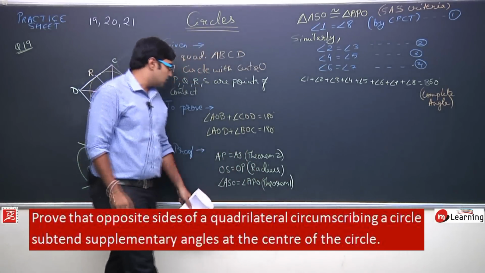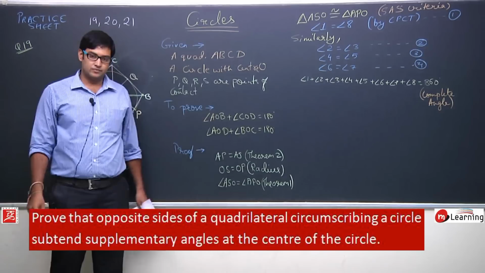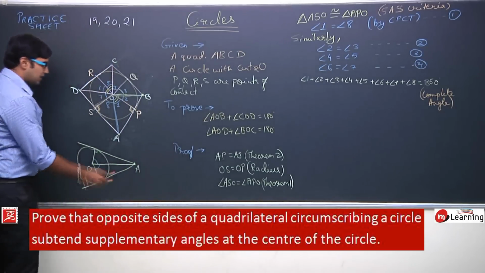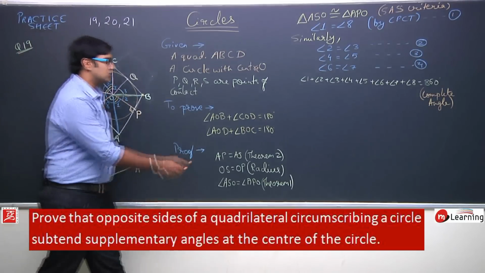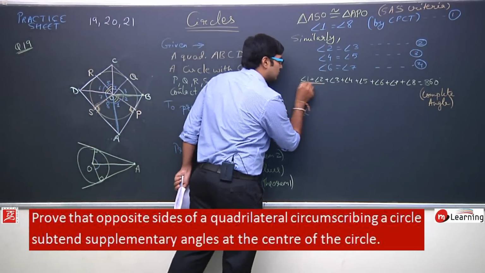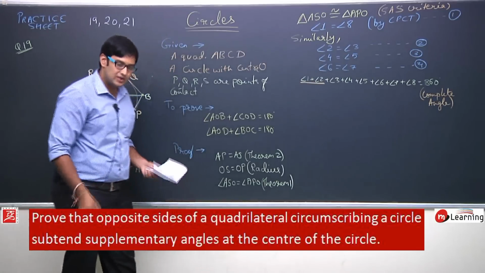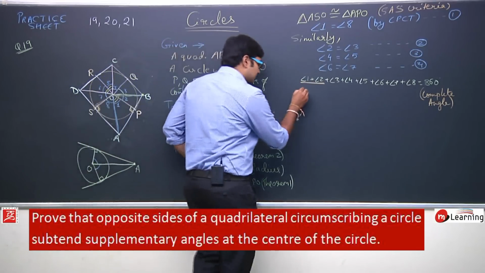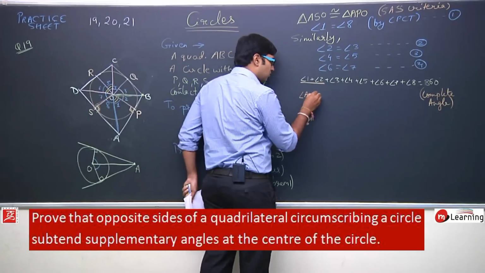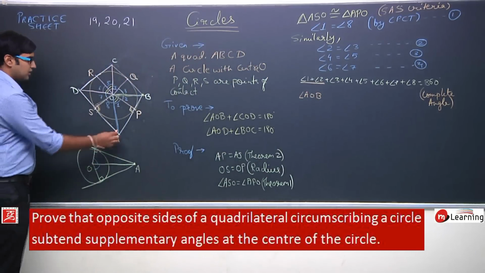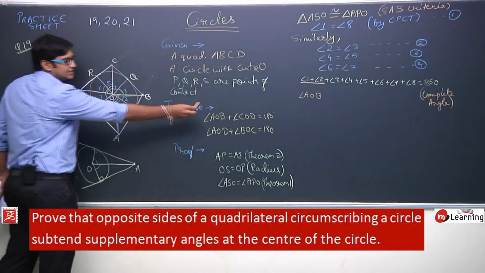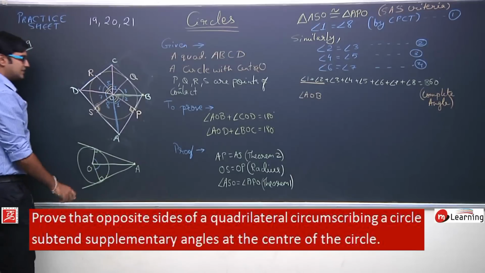Now, what is angle AOB? Angle AOB is angle 1 plus angle 2. So I can write the sum of angle 1 and angle 2 as angle AOB. Next is angle COD. What is angle COD?